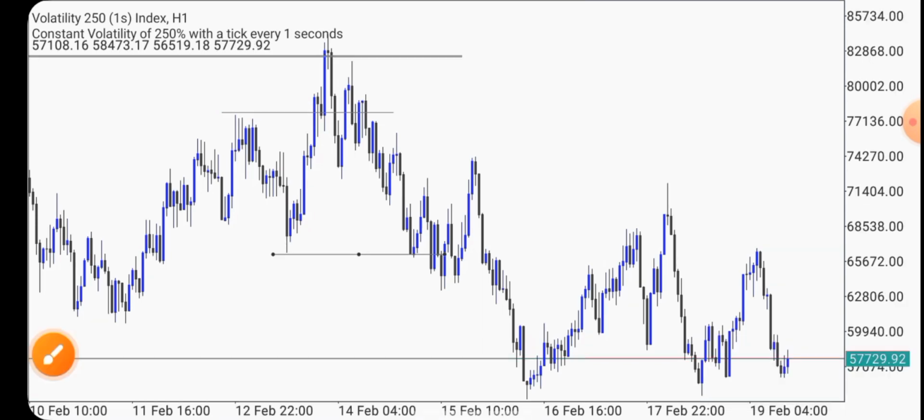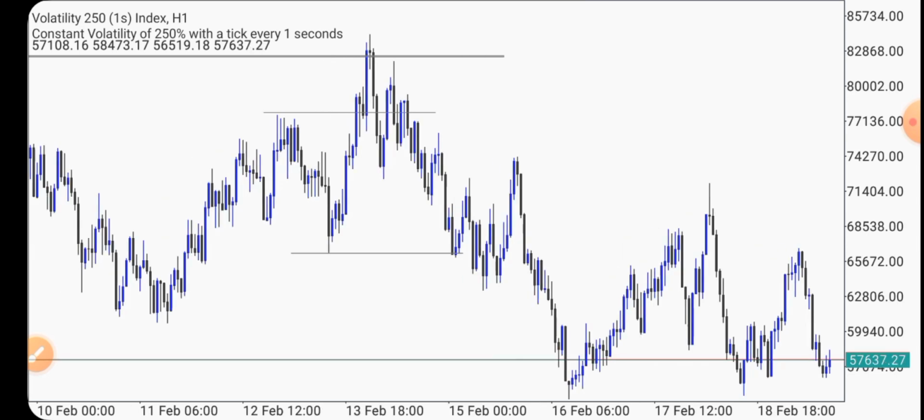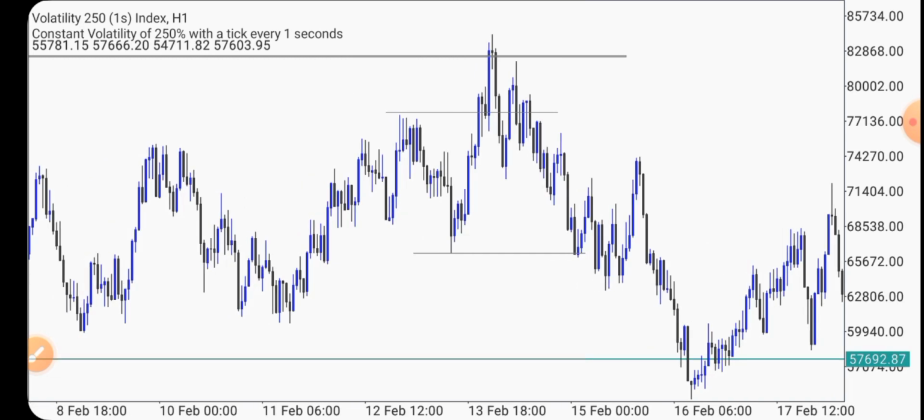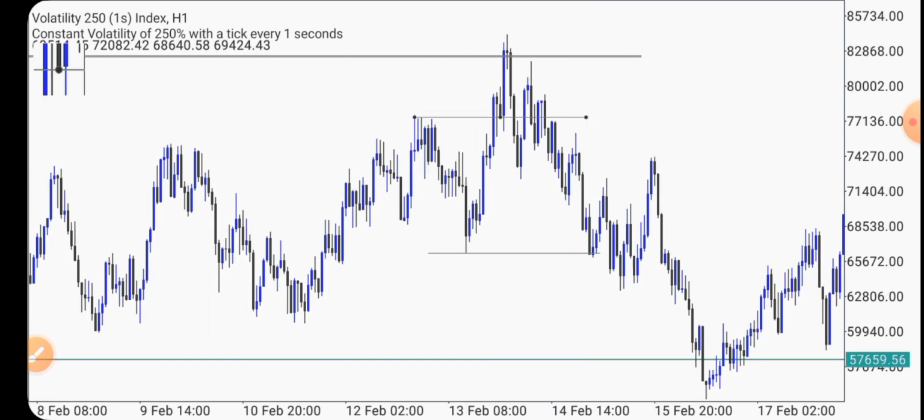Now we know that price has violated this zone again, which means we are expecting a reversal. Now we have liquidity around here, this side. So we can leave it like that.